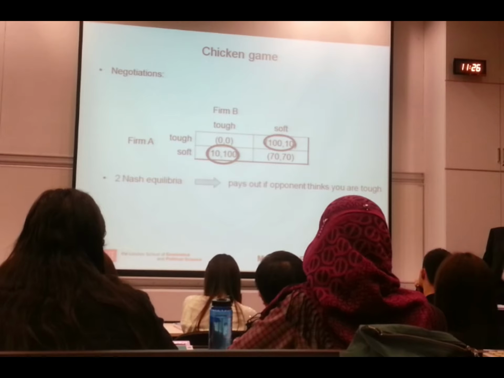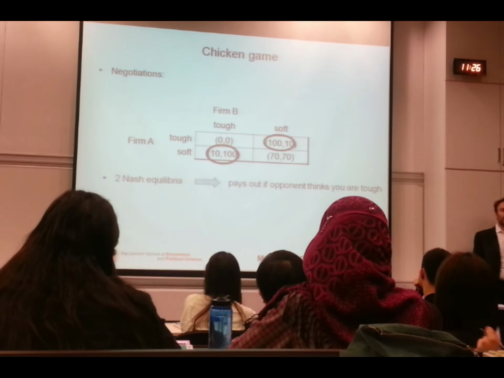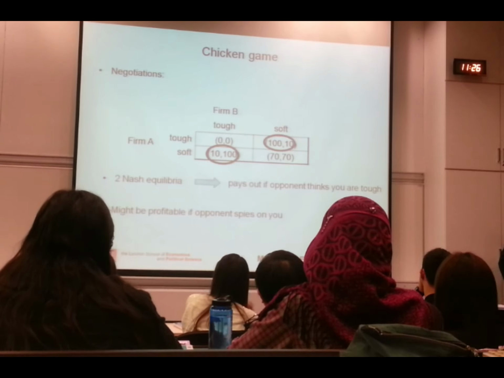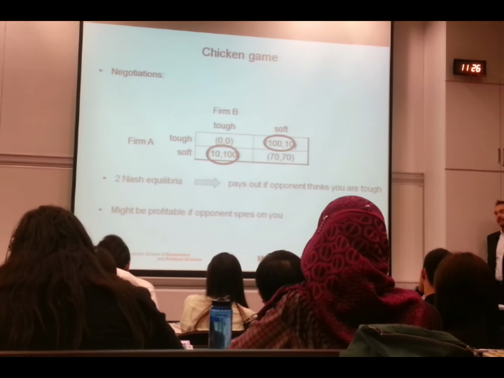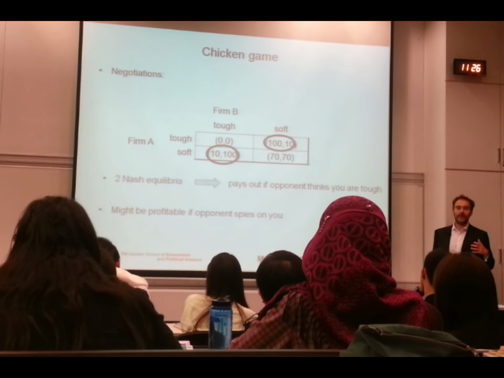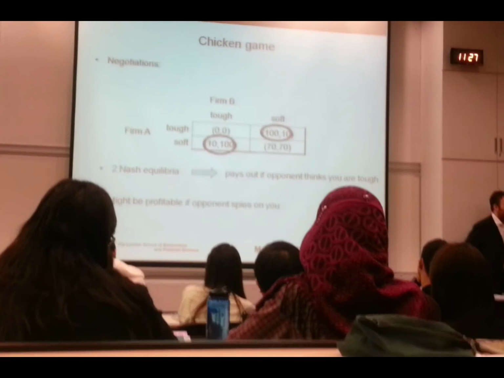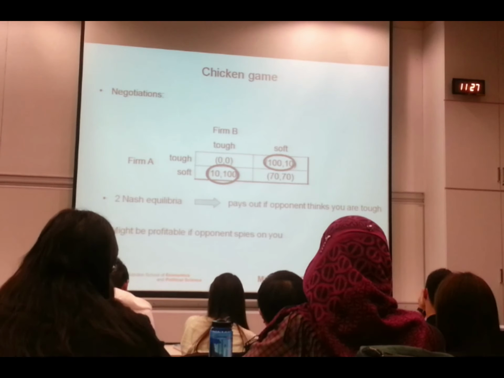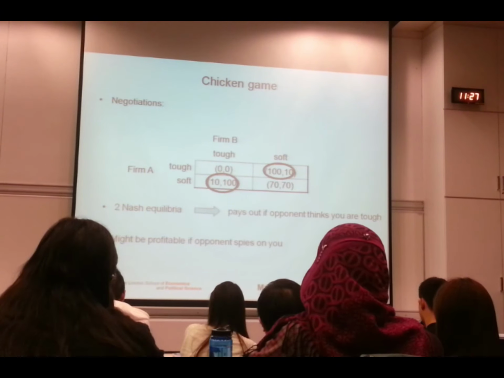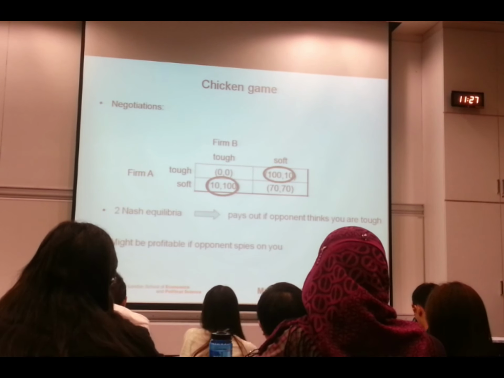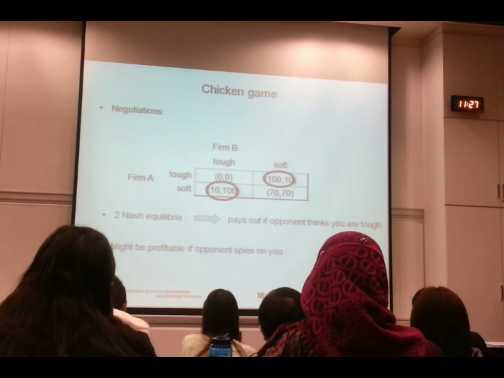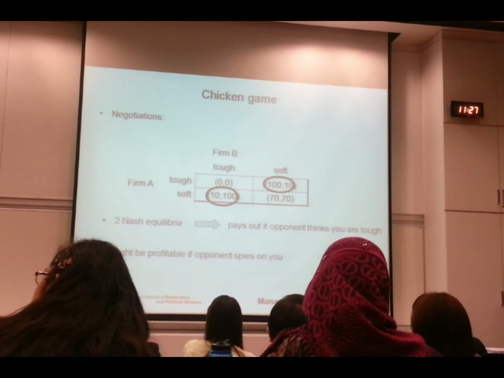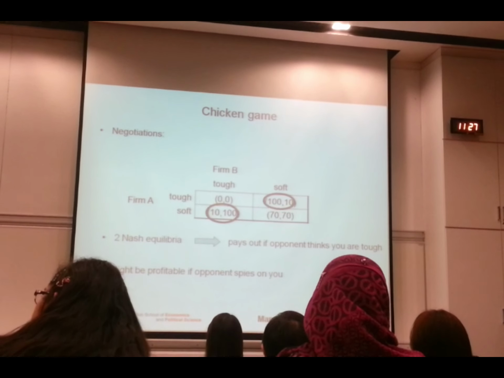Right? So here it's actually useful to make the other firm believe that you're going to behave in a certain direction. So in playing these kinds of games, building beliefs about yourself, conveying beliefs, signaling types of behavior is useful.